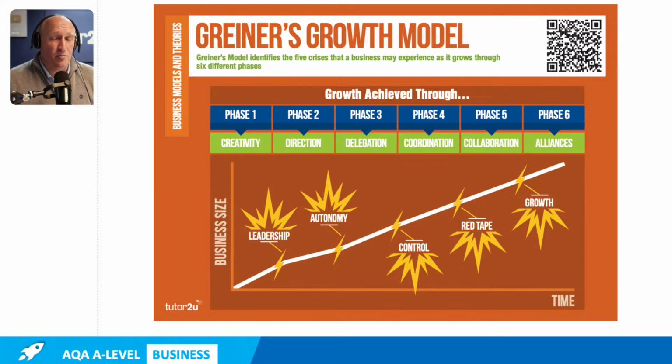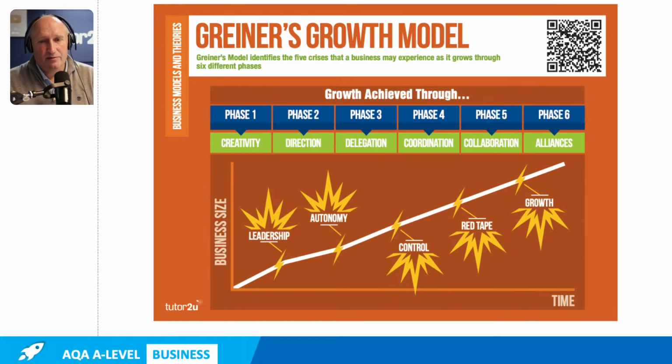And that's inevitable, isn't it? As a business changes, as it becomes bigger, as it has more people, more products, as it trades in different markets, it's inevitable that businesses that grow and get older will go through phases of growth.